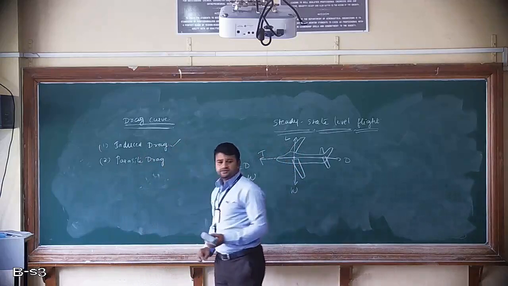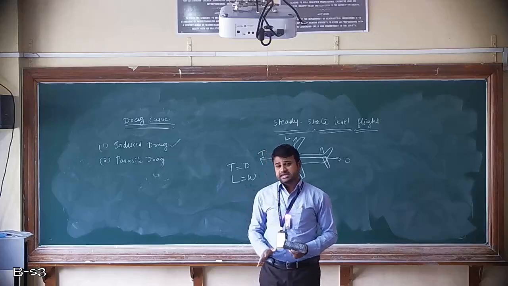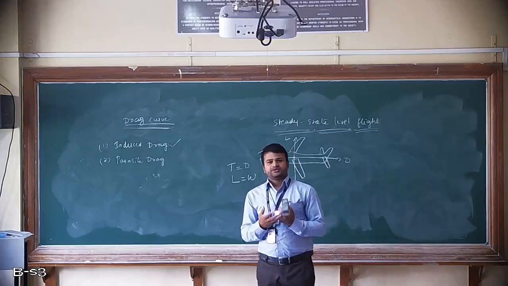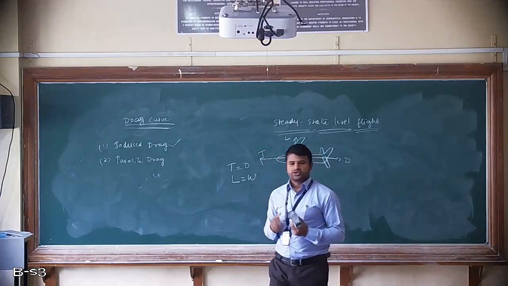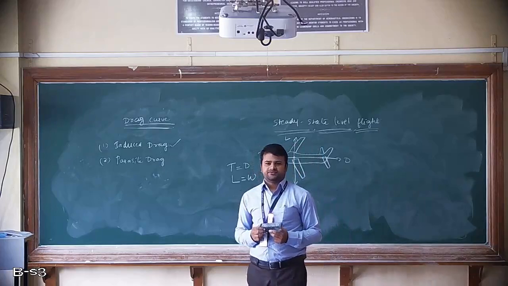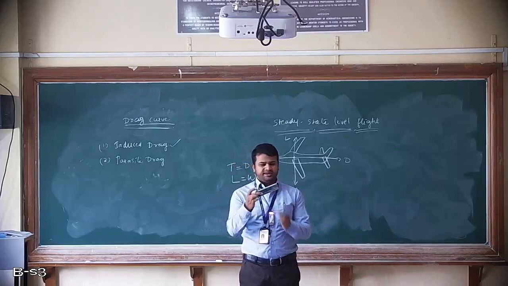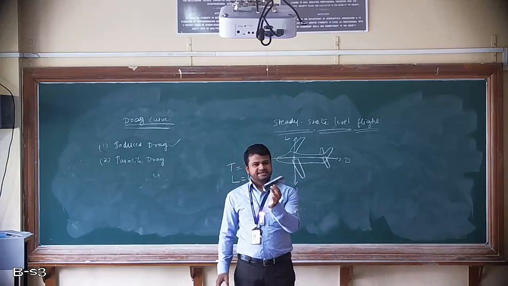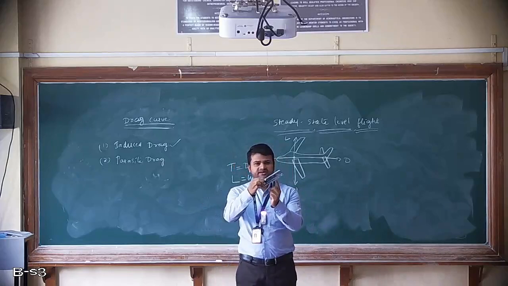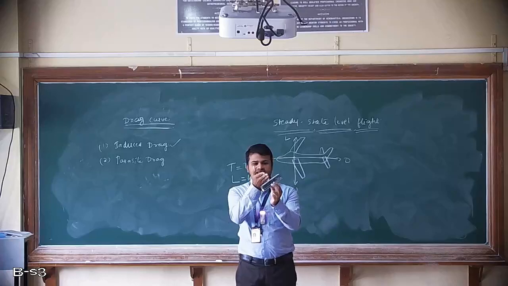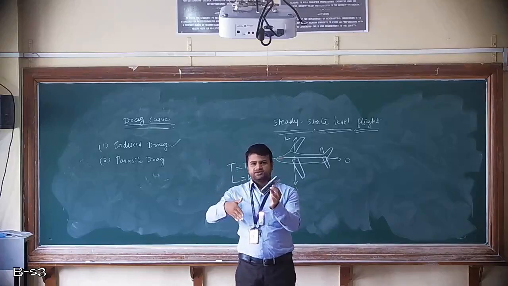Now, what is induced drag? Induced drag is the drag which is created or generated due to the lift. For example, your aircraft is climbing and increasing its angle of attack. The lift acts perpendicular to the longitudinal axis, that we know very well.